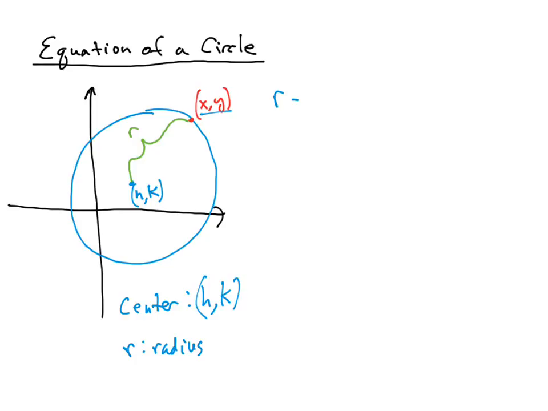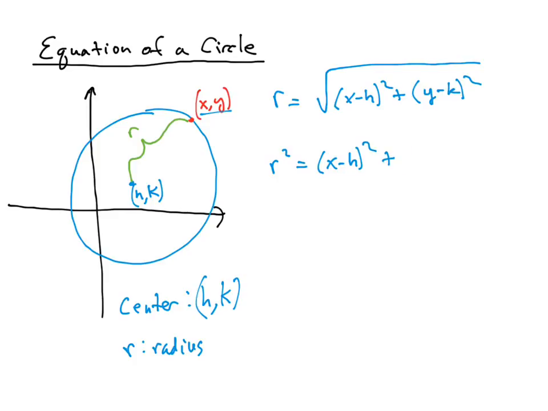So if I wanted to figure out this distance, r, I'm just going to use the distance formula. So I do the difference of the x values, so x minus h squared, plus the difference of the y values, y minus k squared. And then typically how we write this equation is we square both sides. So r squared equals x minus h squared plus y minus k squared.